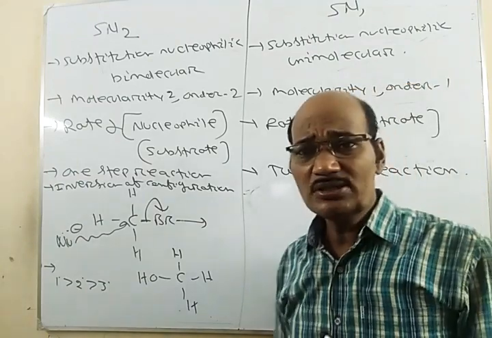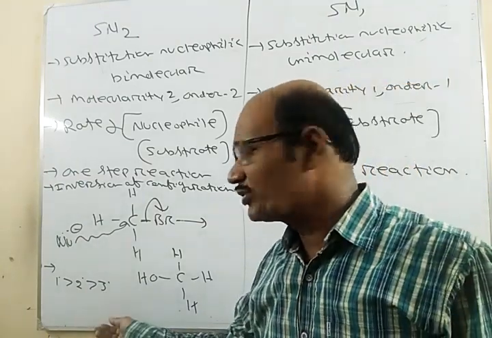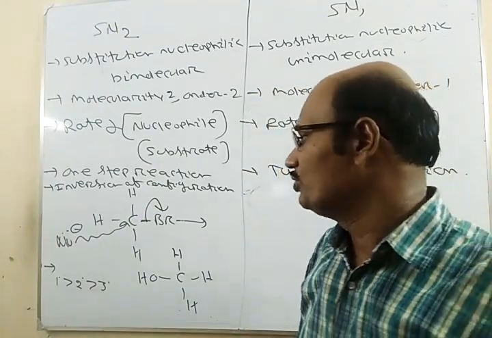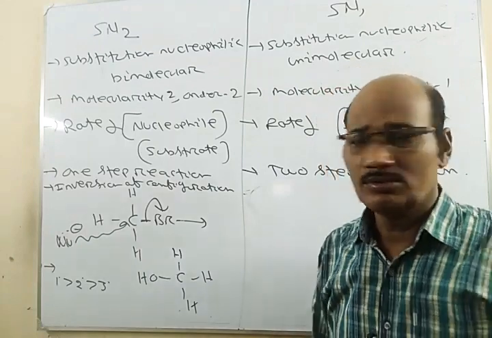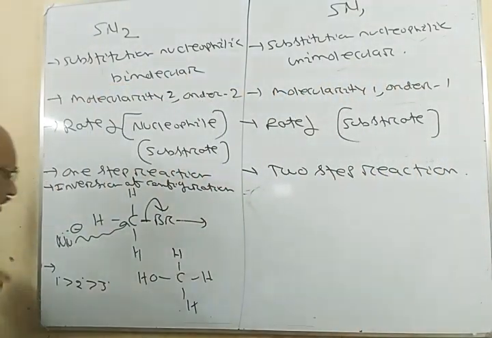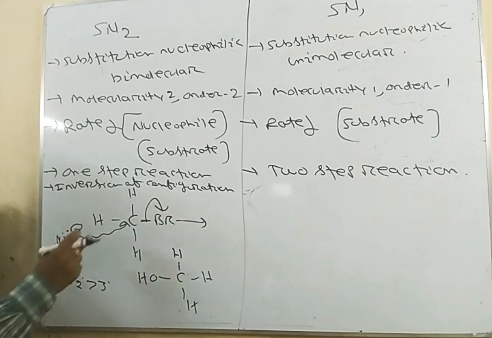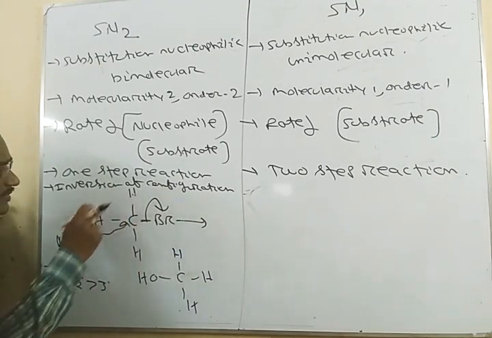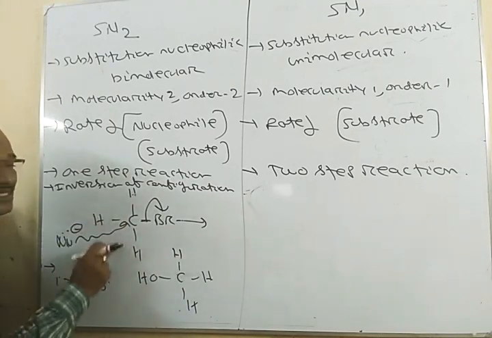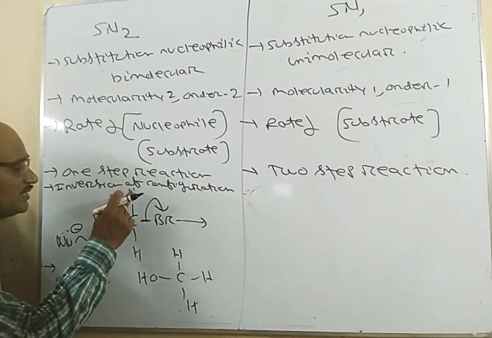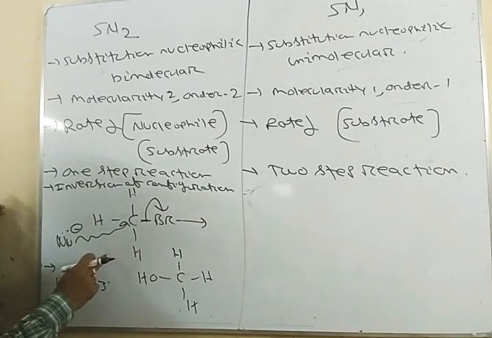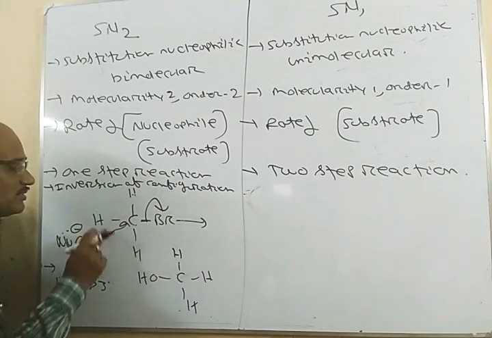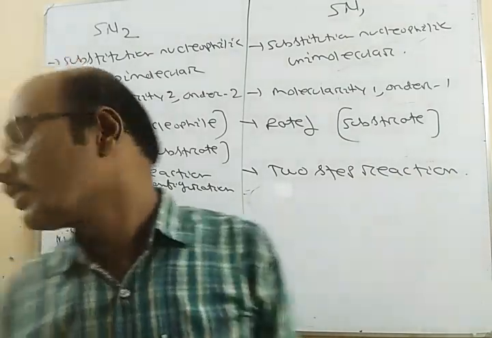So the main question is which of the following will respond better to SN2 reactions. Suppose I have CH3CH2Br, ethyl bromide, and CH3Br. The CH3CH2Br, the primary, will be more reactive, then the secondary, then the tertiary.